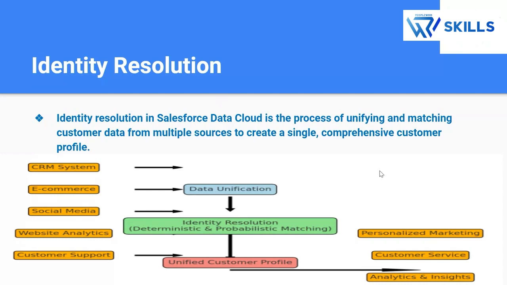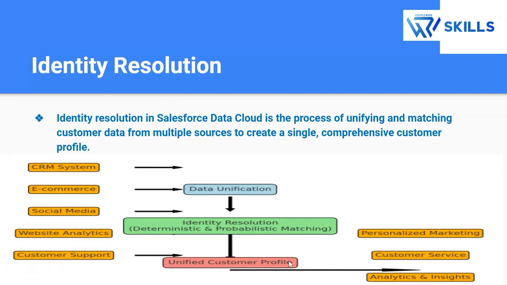Whether you are getting data from a CRM system, an e-commerce system, social media, website analytics, or any other platform, those data are mapped to the individual object and then go through the identity resolution process, where a unified individual profile is created.